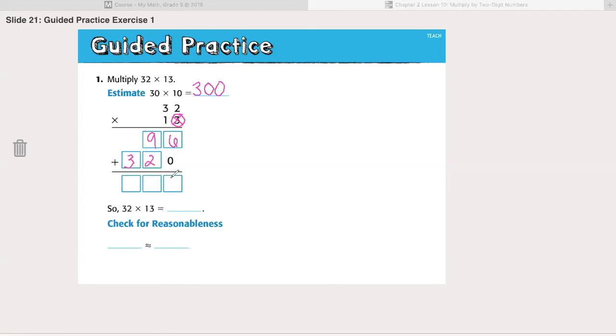I can now add. 6 plus 0 is 6. 9 plus 2 is 11. 1 plus 3 is 4. So 32 times 13 is 416. 416 is approximately equal to 300.